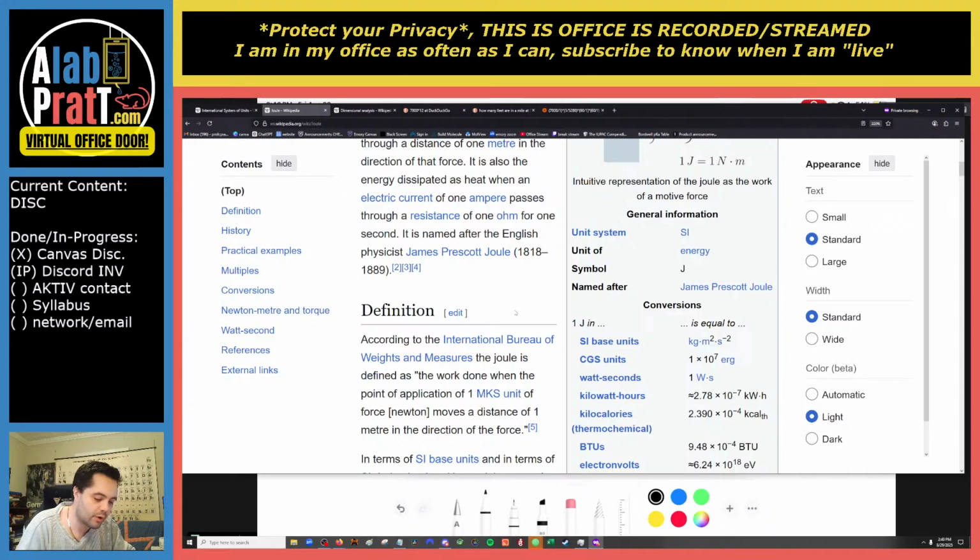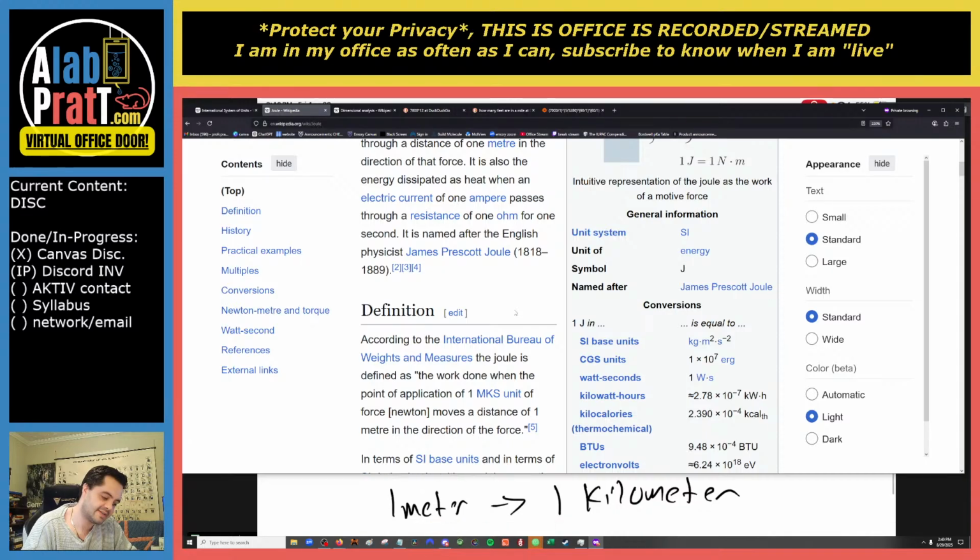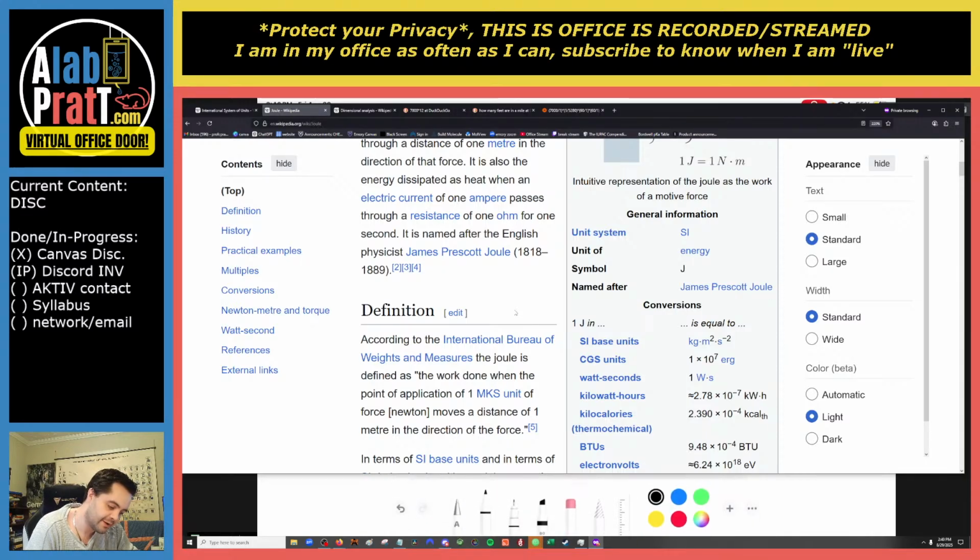The last thing I want to leave you with is another cute thing. This is why the metric system is better than the USA system. If I have 1 meter and I want to convert that to 1 kilometer, this is kind of similar to what we saw before, where we're used to 5,280 feet is 1 mile.